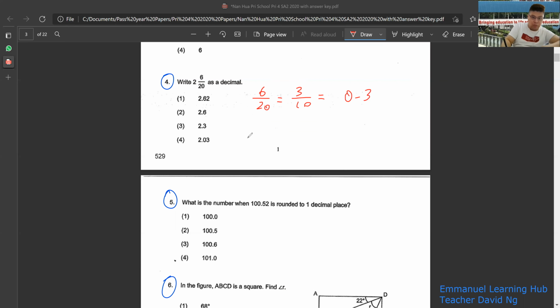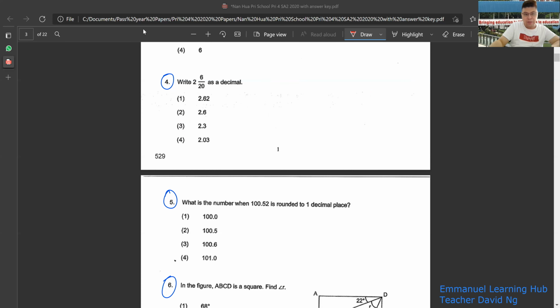So 2 plus 0.3 equal to 2.3. So in decimal, the answer is part 3. Get it? Yes. You need to understand 6/20 is 3/10. 3/10 is 0.3.